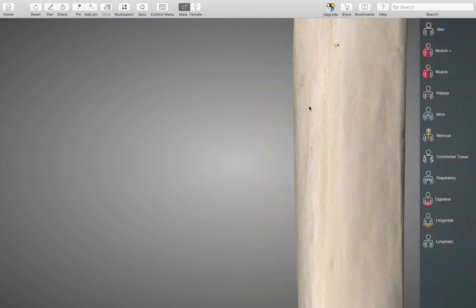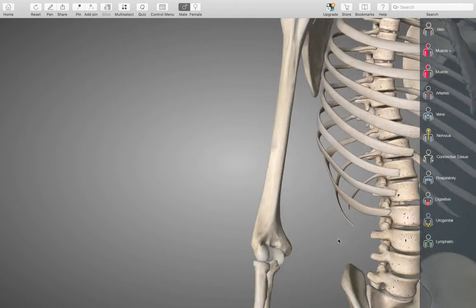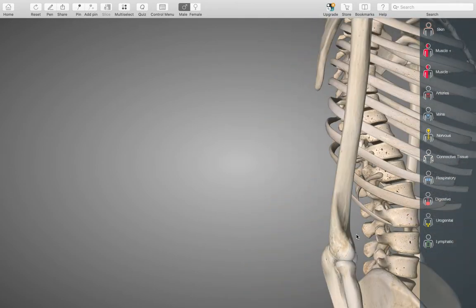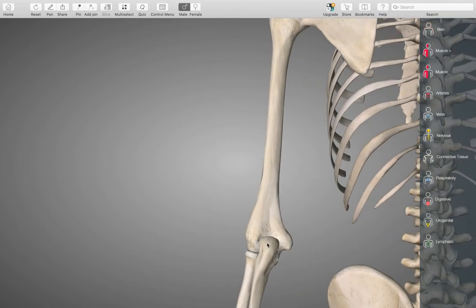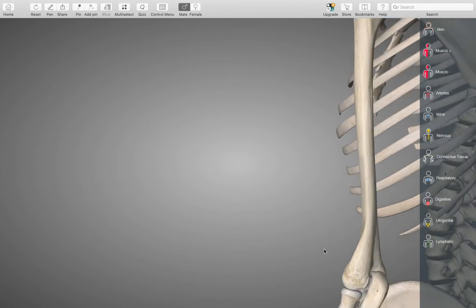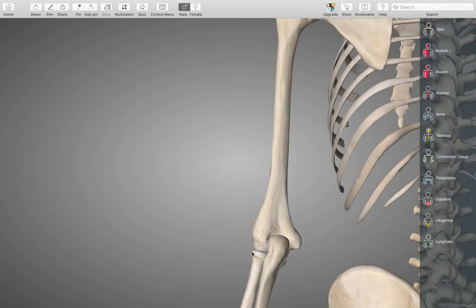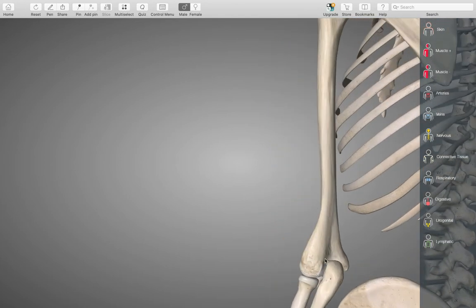Now, if we take a look at this elbow, let's do the left elbow, we can see here how the ulna really fits into that olecranon process. Right in here, that ulna, which is this bone right here, digs right into that olecranon fossa.